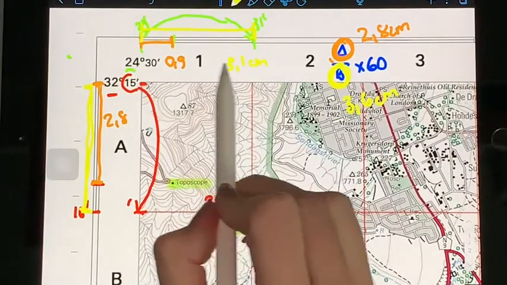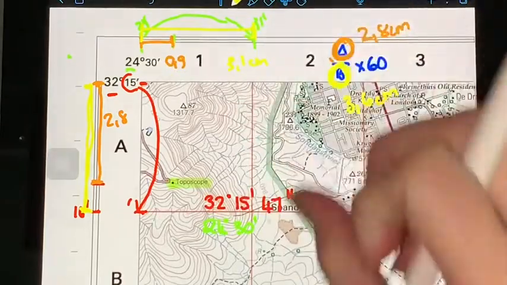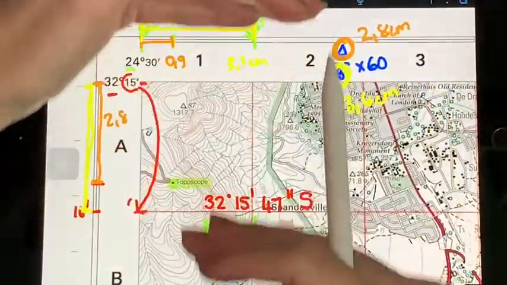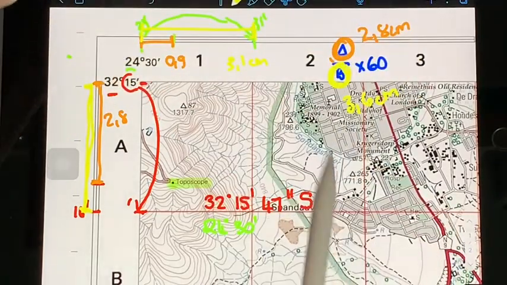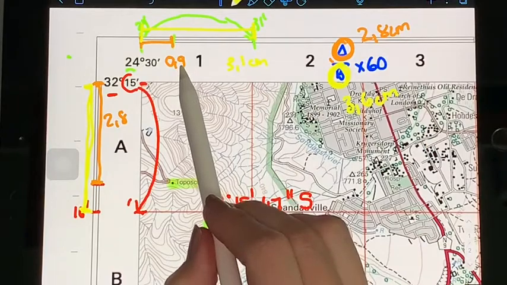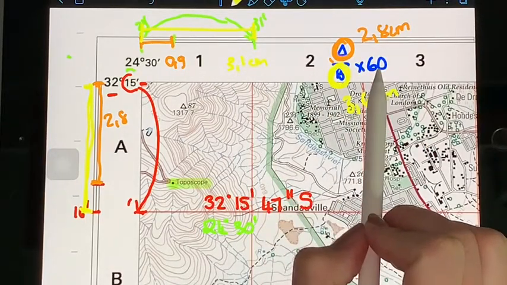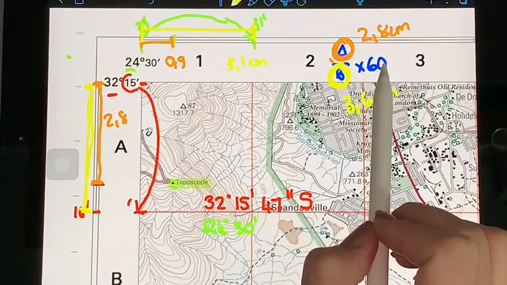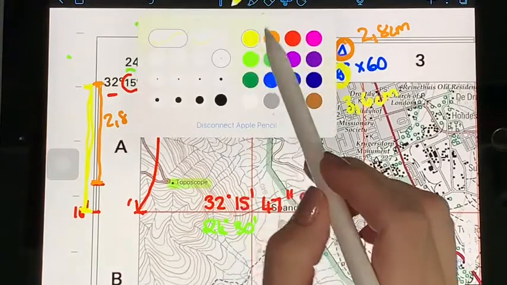Remember that your longitude is often not as wide as the latitude, because when we project our maps, often we will exaggerate and distort the length going towards the latitudes. So now when we say 0.9 divided by 3.1, the A divided by the B times 60, we get 17.4 seconds. We can round that down to 17 seconds.